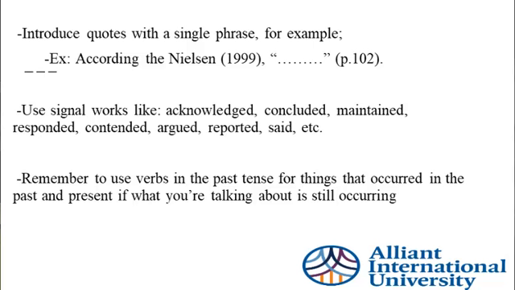So remember to use verbs in the past tense for things that occurred in the past and present if you're talking about what is still occurring. That is important to keep cohesive throughout a paper to indicate what has been done and what is still in the works.